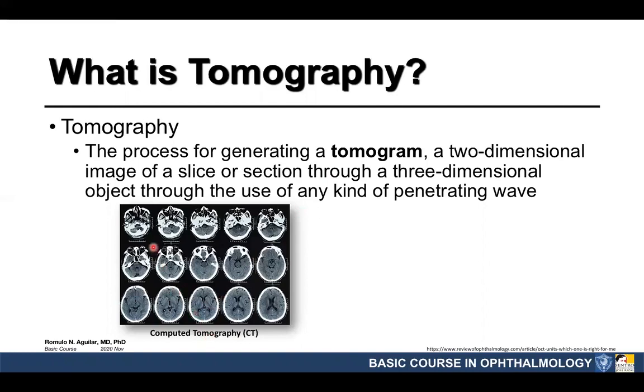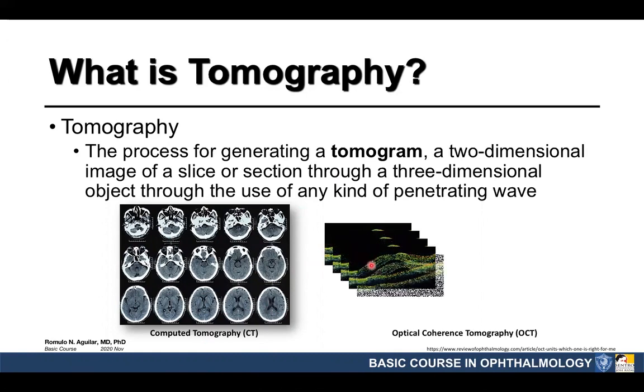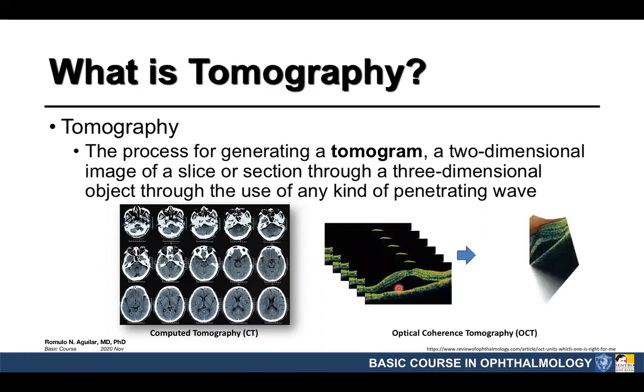And you will see here, the head is sliced, the thin slices, and it goes from one end to the other end. So this is what we're all familiar with. OCT similarly slices the retina thinly, which actually can be reconstituted to give you a three-dimensional picture of the retina.